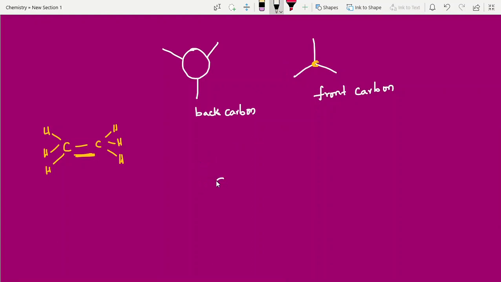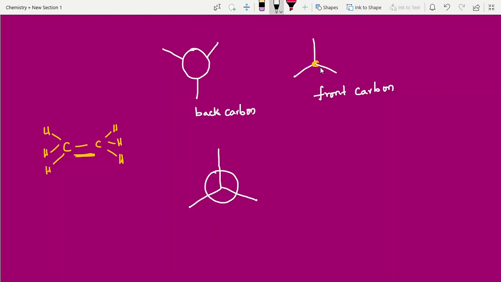I am writing the back carbon first. The back carbon has 3 atoms, that's it, hydrogen. This is the back carbon, this is the front carbon.